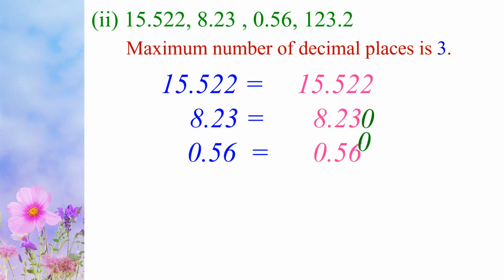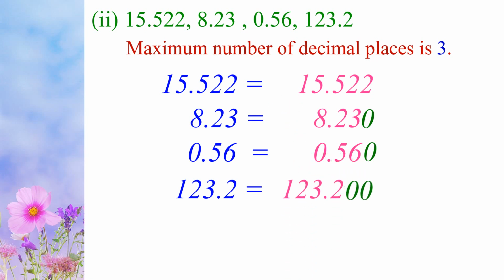Now we get 0.560. Next one, 123.2. This decimal part has only 1 digit, so we have to add 2 zeros, because the maximum number of decimal places is 3.